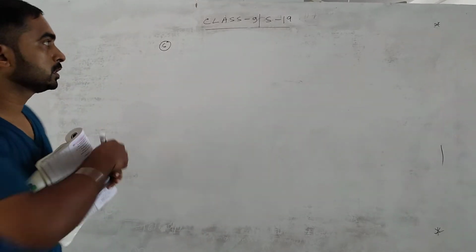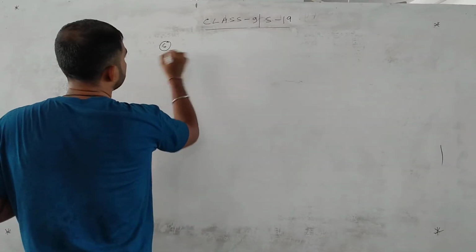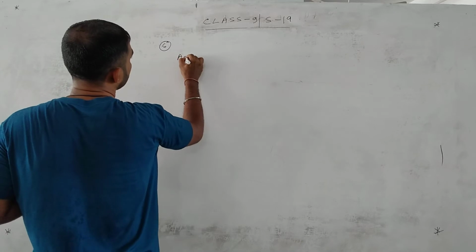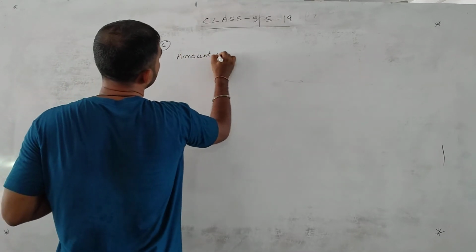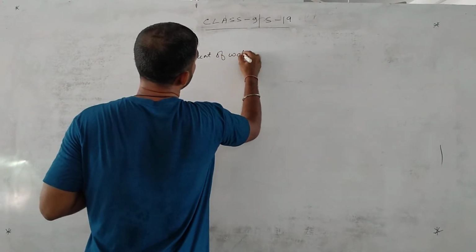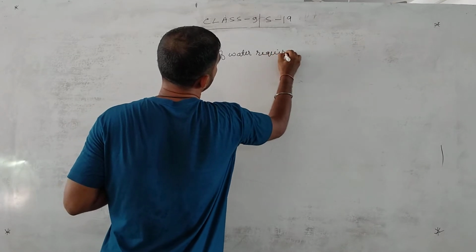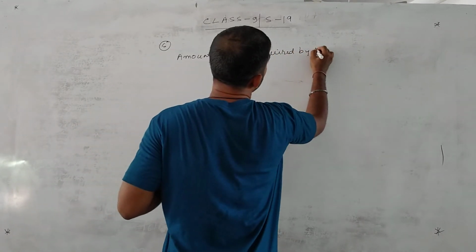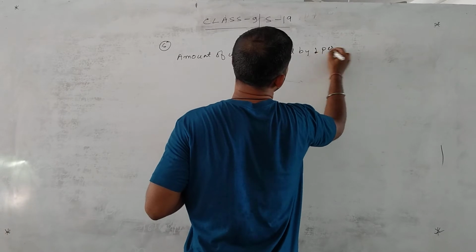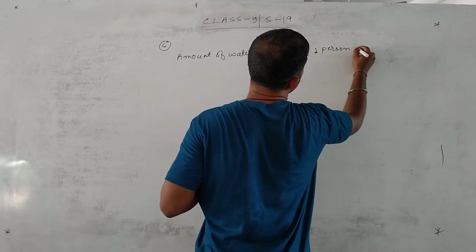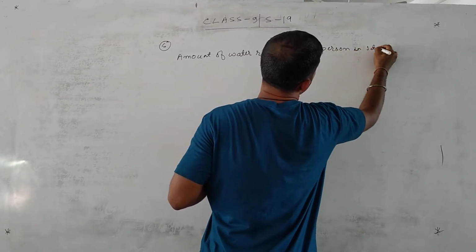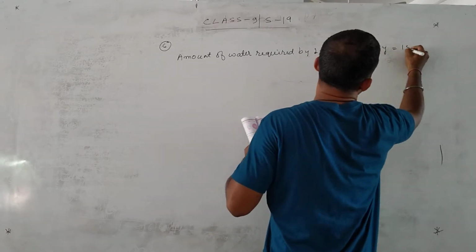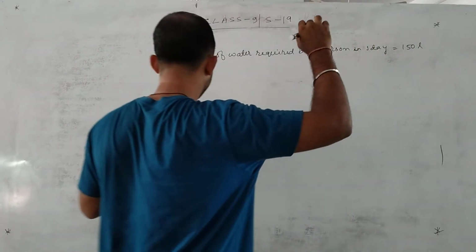First of all, what is the amount of water required by one person in one day? It is equal to 150 liters.